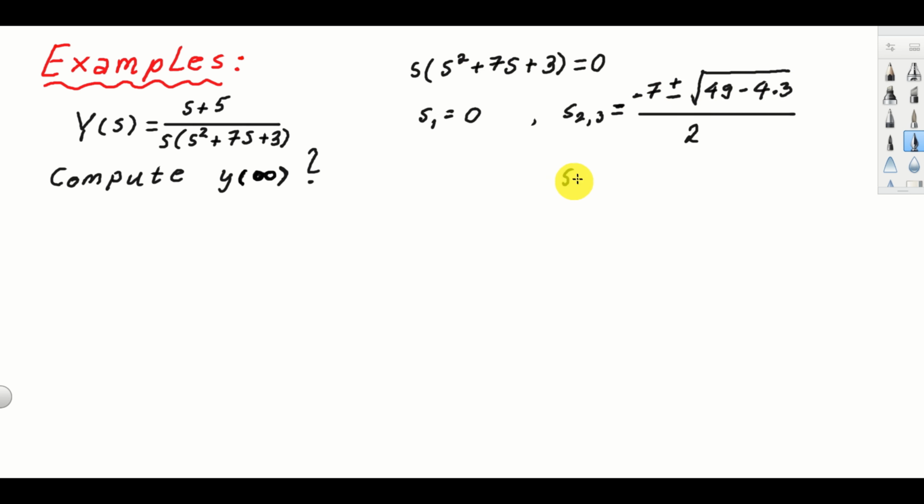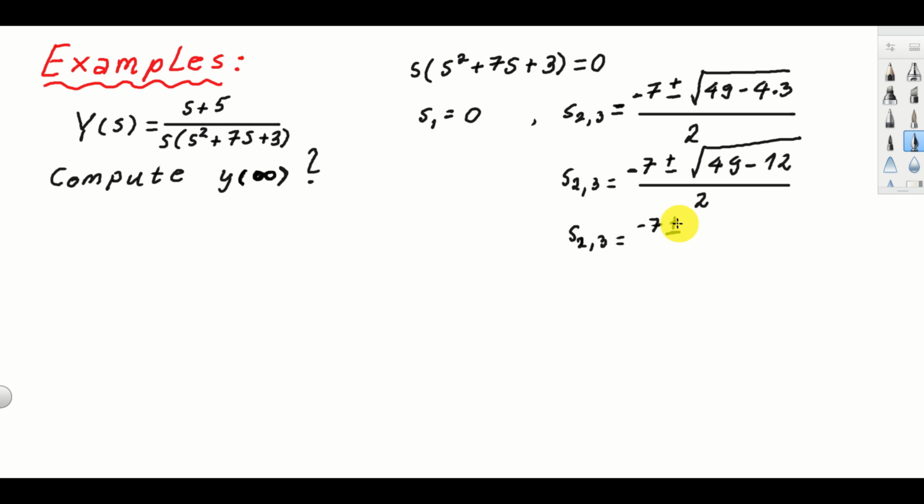From here we can see that s2,3 is -7 plus minus the square root of 49 minus 12, divided by 2. Consequently, s2,3 are -7 plus minus the square root of 37, since 49 minus 12 is 37, divided by 2.